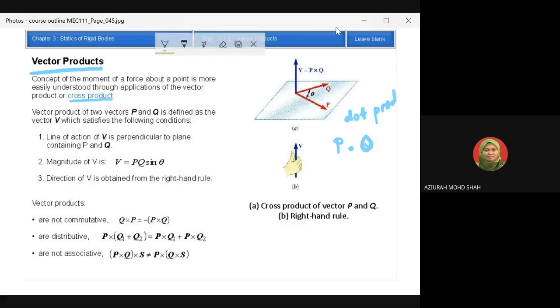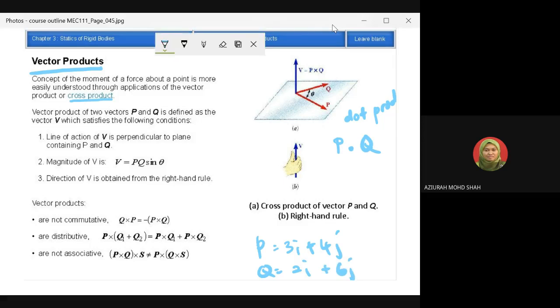Okay, so kalau you tengok simbol macam ni, is a dot product. So it's just simply kita darab sahaja. Contoh kalau P, ni you ada 3i plus 4j and then Q kita ada 2i plus 6j.